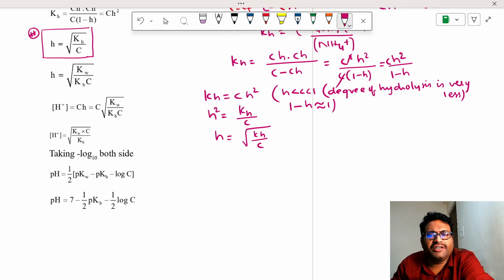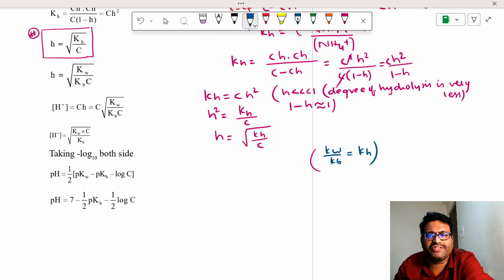In the previous page, we studied that Kw by Kb is equal to Kh.